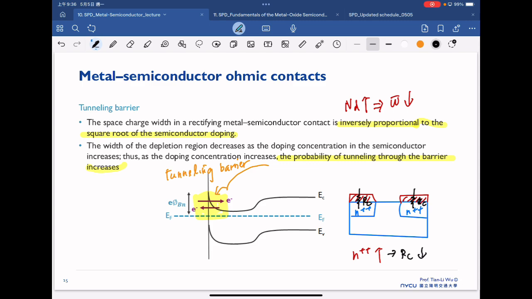This is the theory behind why we increase the doping concentration. With help from this tunneling barrier, we can further reduce the contact resistance.